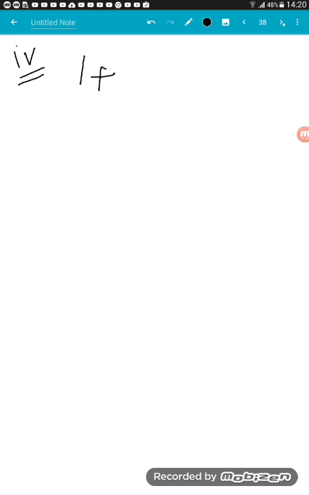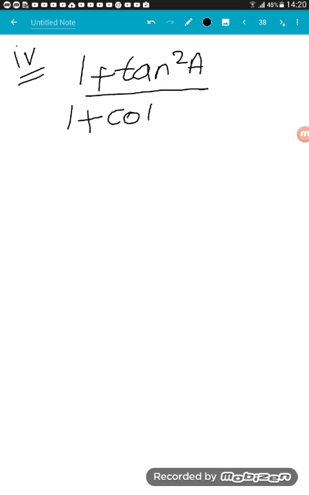Now we will look at the fourth, which says 1 plus tan square a by 1 plus cot square a, how much is it? So 1 plus tan square a is nothing but sec square a, using the identity we found.